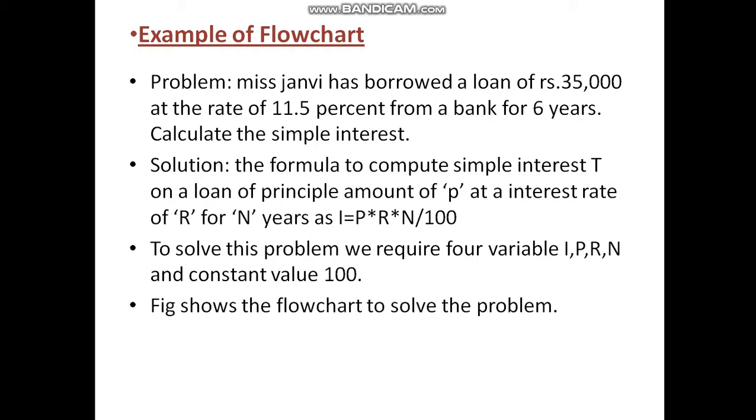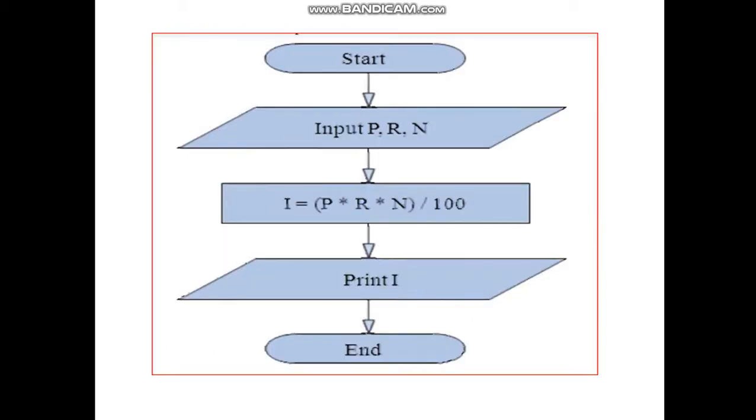The figure shows the flowchart to solve the problem. In your maths, we can find that type of problem. First of all, we take the P, R, N values and divide by 100 and we find I, which is the simple interest. But how to find the solution of that problem in a computer with a flowchart?